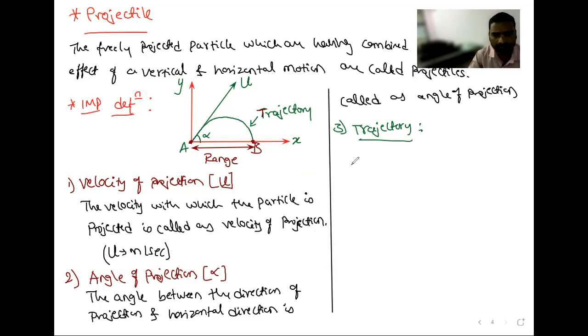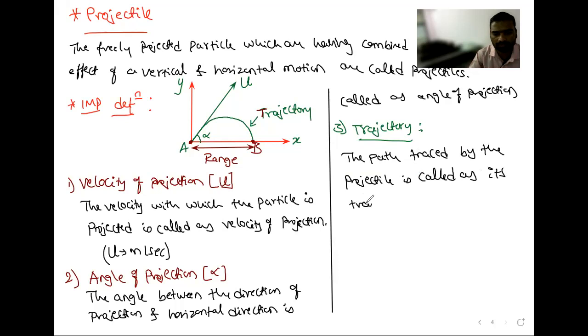The path traced by the projectile is called its trajectory. It is the shape or path that is traveled by the particle.